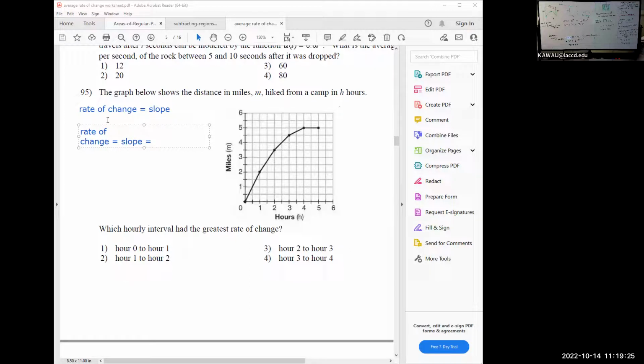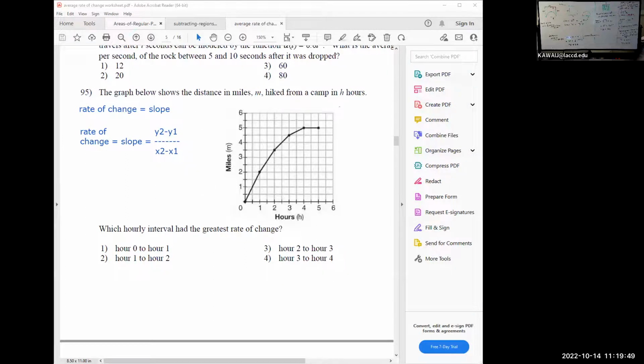So that's also equal to y2 minus y1 all over x2 minus x1, like that. Okay, so that's one idea, that these formulas also work.